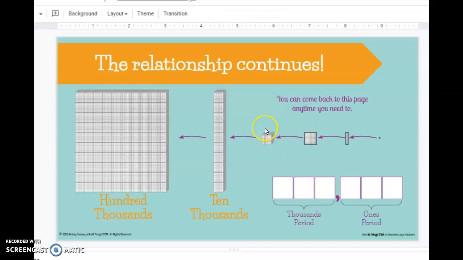Think of this. This is 10. You have 1,000. You have 10 thousands in your 10,000s. 10 10,000s in your 100,000s. And so these are your thousands periods, and this is your hundreds periods.